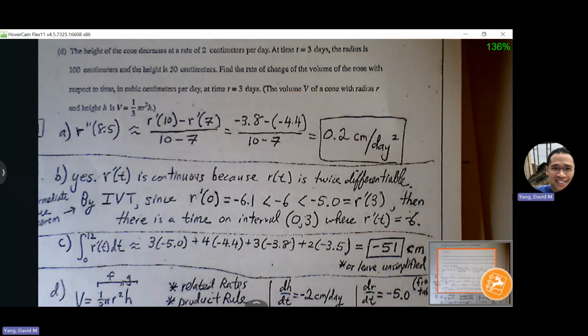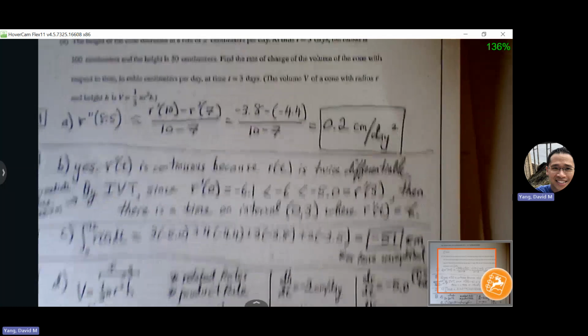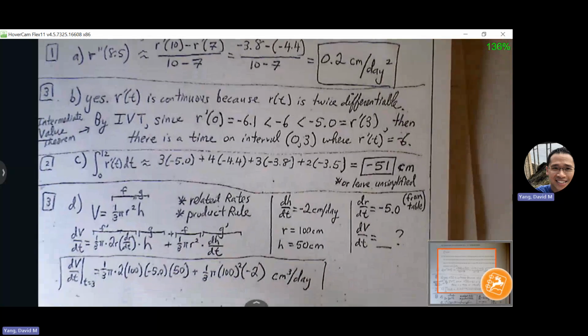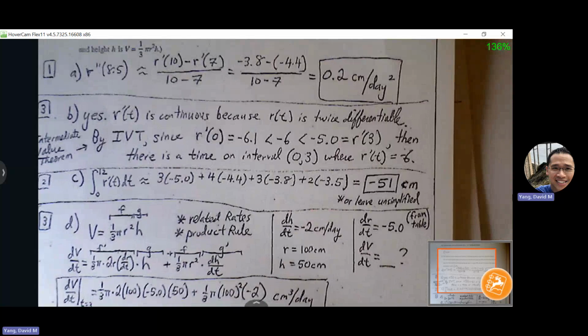And then part D, we see all these mentions of time. So anytime you see with respect to time, you've got to think, okay, maybe they're trying to get us to use related rates here. So for part D, you're going to do product rule and build out that derivative, get the dB/dt to show up, the dr/dt to show up, the dh/dt to show up, and then use all the values that they provide for you to get it down to a number.